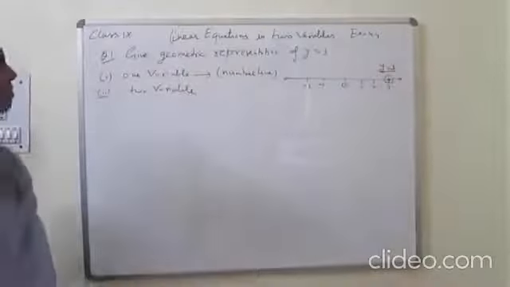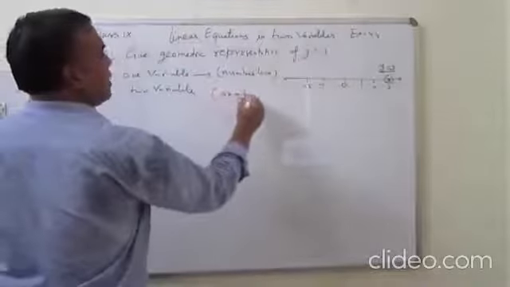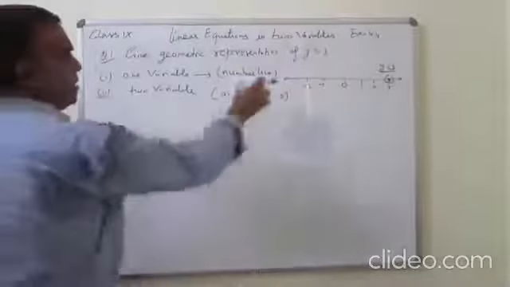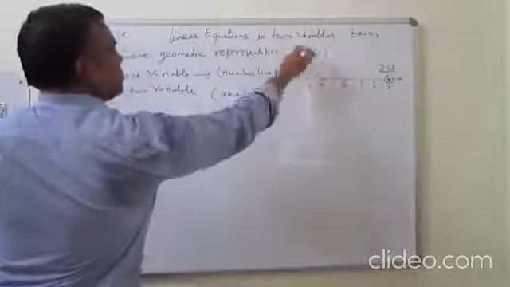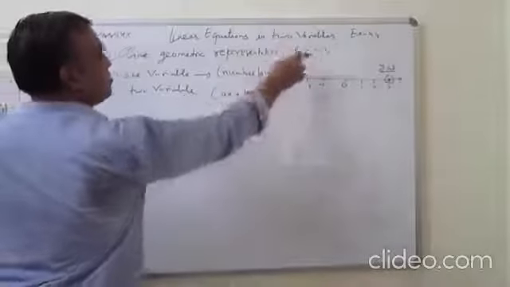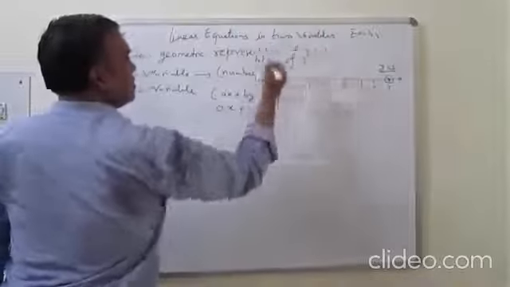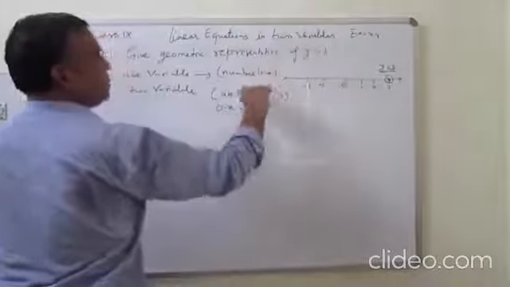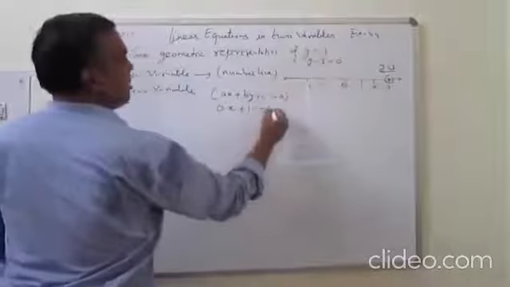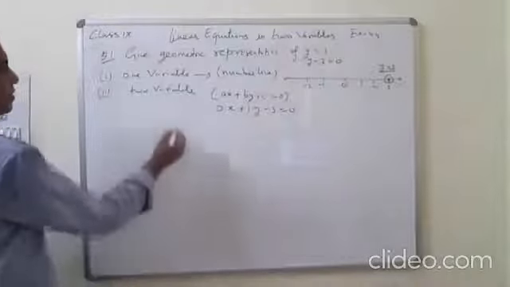Now in two variables we have to write in this form, ax plus by plus c is equal to 0, or draw a Cartesian plane. Here x is not there, so we will write 0 into x, coefficient of y is 1y and c is 3. So when you transpose it, you can write minus 3 is equal to 0. Now plot it.